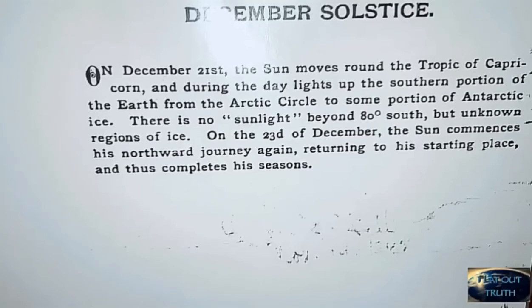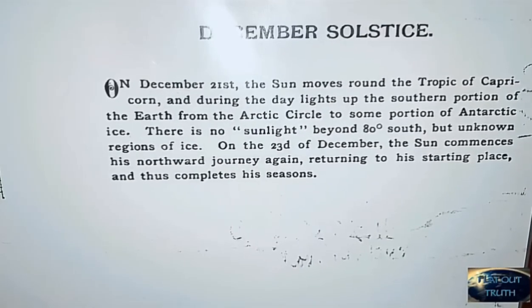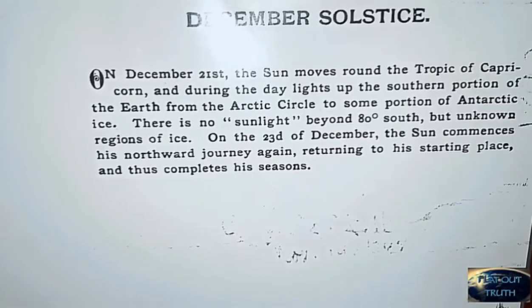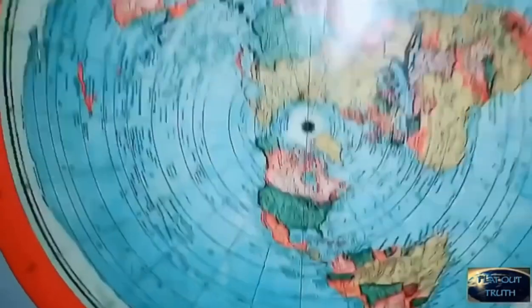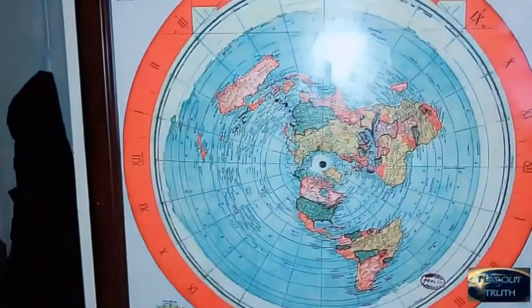And on the 23rd of December, the sun commences his northward journey again, returning to his starting place, and thus completes his seasons. Okay, now as you can see, even the map itself tells you that the sun rotates, not the earth.